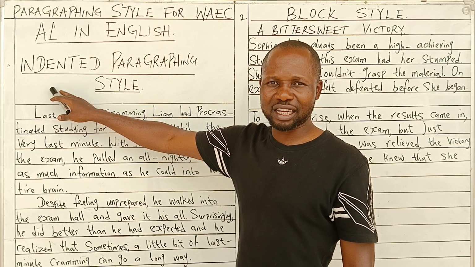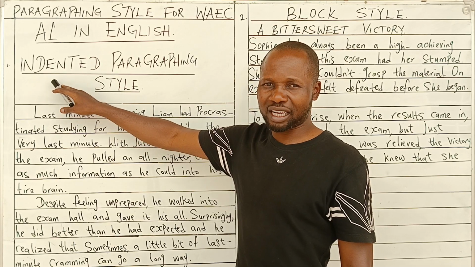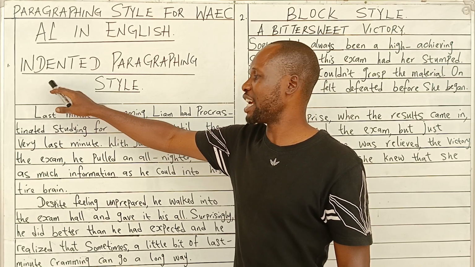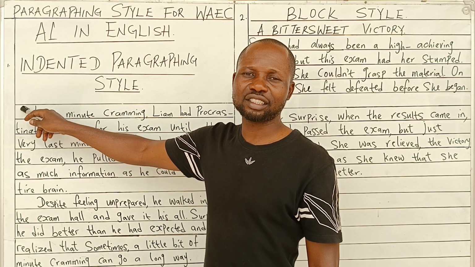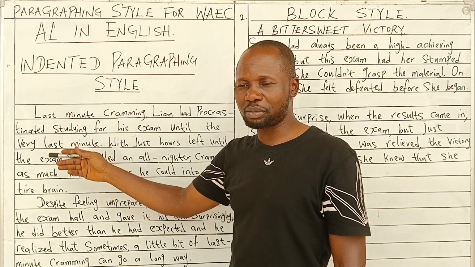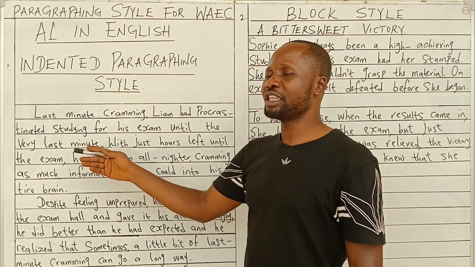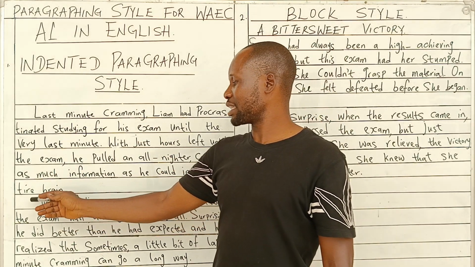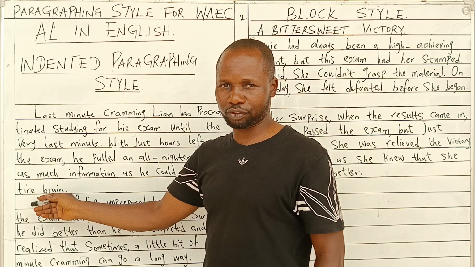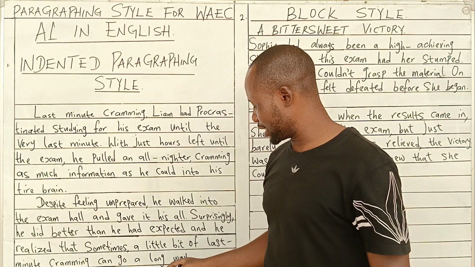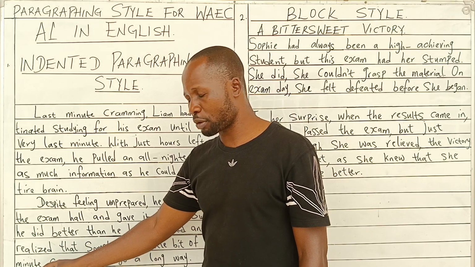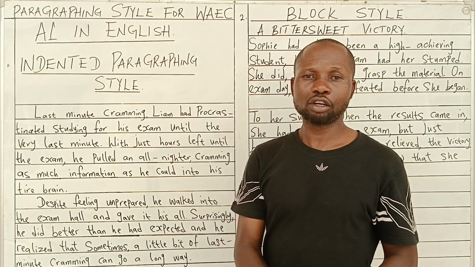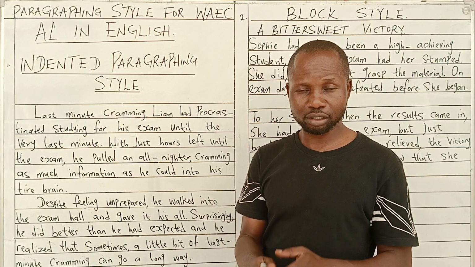Indented paragraphing style is a kind of paragraphing style where the edge is chopped off at the beginning before the commencement. Immediately a paragraph ends, if another one wants to commence, the edge will still be chopped off. Once the paragraph ended and another one wants to commence, the edge will still be chopped off until you get to the end of your passage, then you stop.